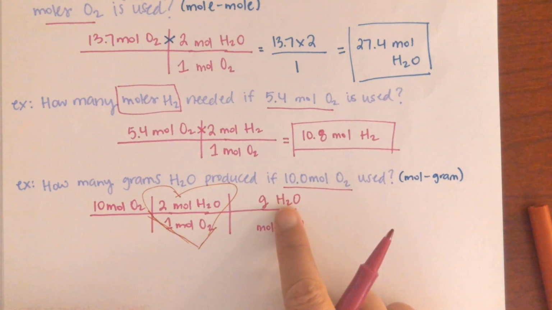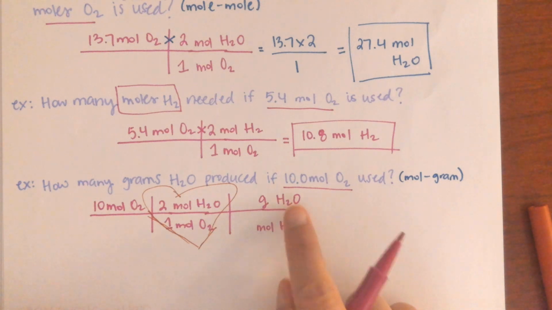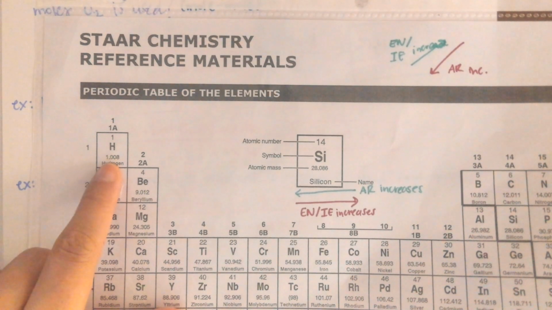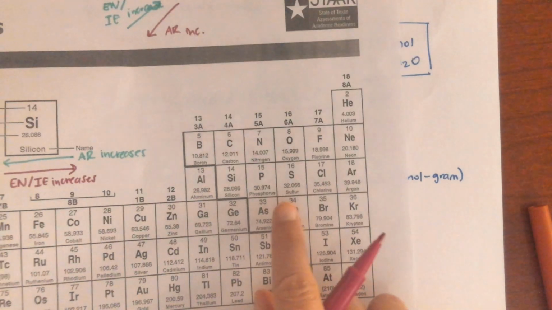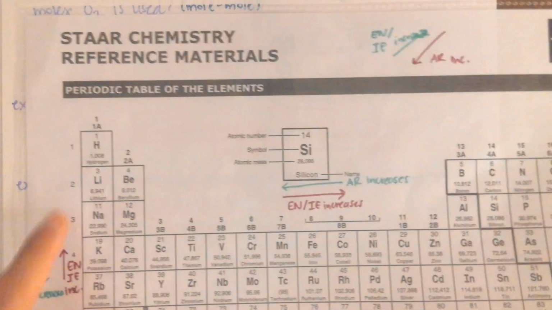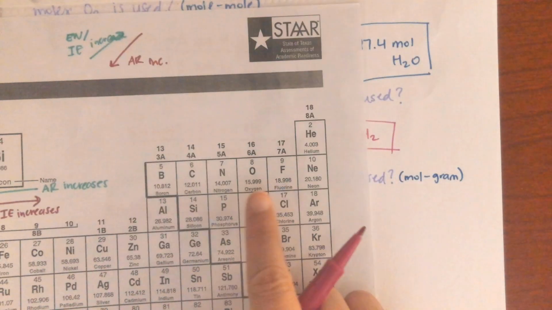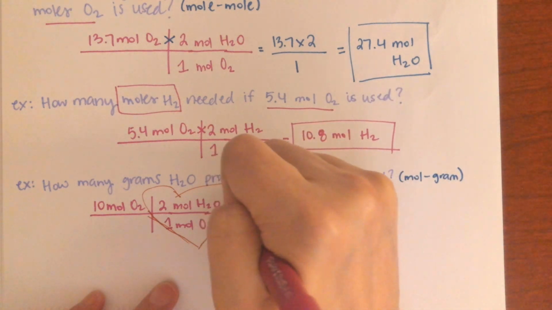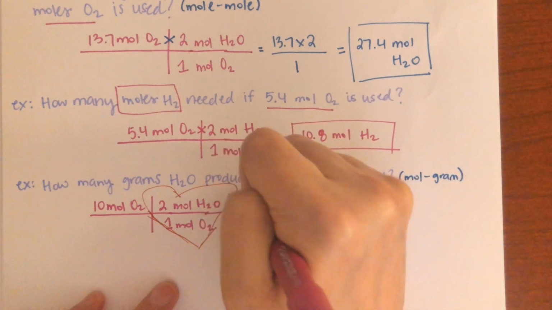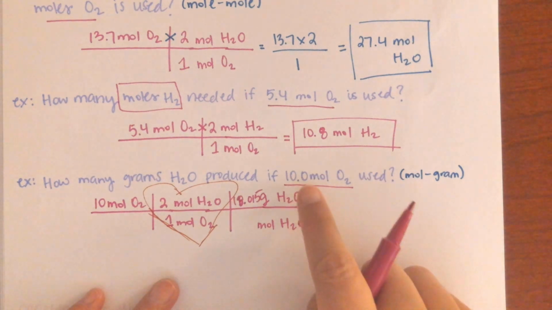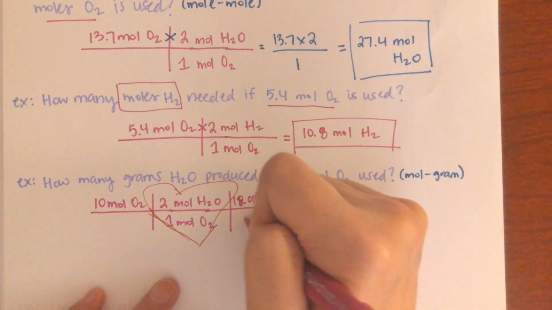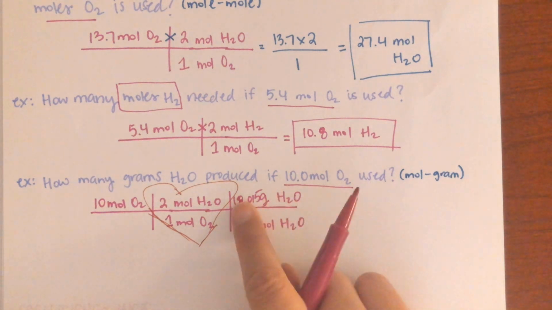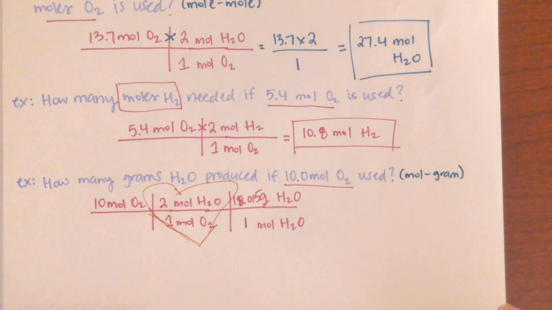And then grams of anything comes from the periodic table, so that's when you take your mass of your hydrogen times 2, and then plus your mass of your oxygen. So like 2 times 1.008 plus 15.999. Just to save you the time, you get 18.015, and then the grams of anything is always over 1 mole. That means for every 1 mole of water, H2O weighs this much, 18.015.